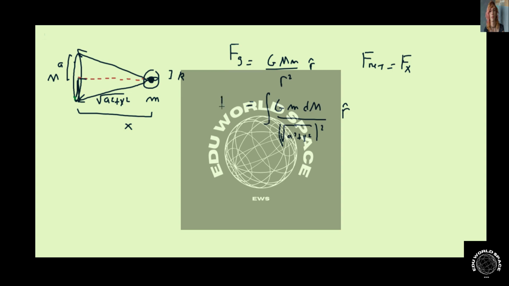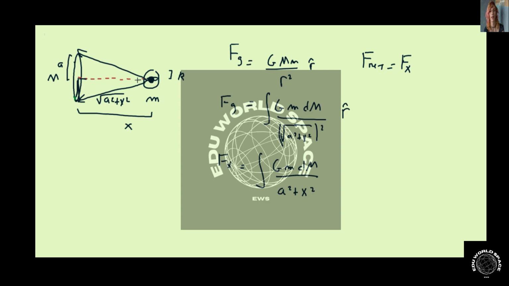So we can then just think about the x direction here rather than the full r hat direction. So now we'll think about Fx, which is really the same thing. And we have G little m dm still. And then when we square this, we lose the square root, so just a squared plus x squared. And so now what's the x direction going to be? For any given little dm piece of mass, we want to take just the x component of the force.